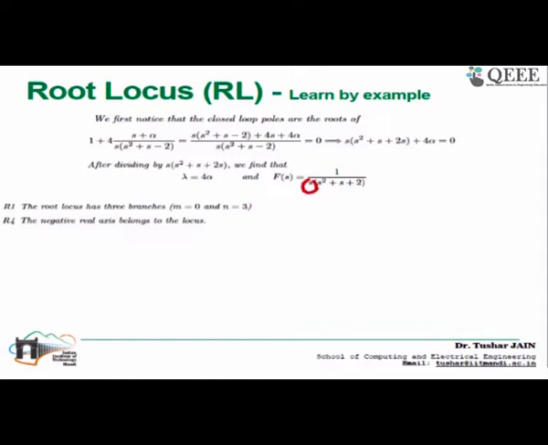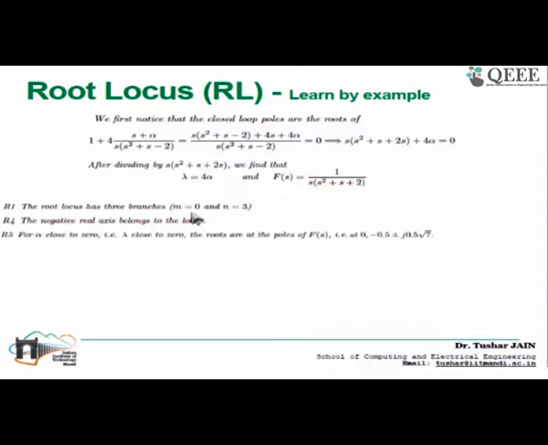So there is one pole lying on the origin. So from there the whole real axis would be a part of your root locus, because whatever roots you are going to get from this equation, they would be complex conjugates. Okay. So there is only one root which lies on the real axis, and that is why it says the negative real axis belongs to the locus, because you have only an odd number of poles.